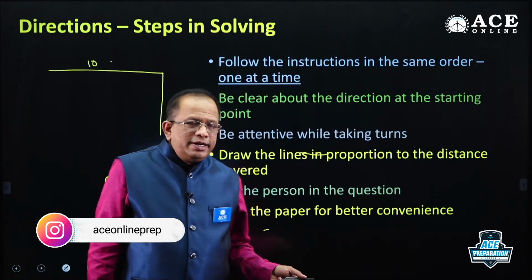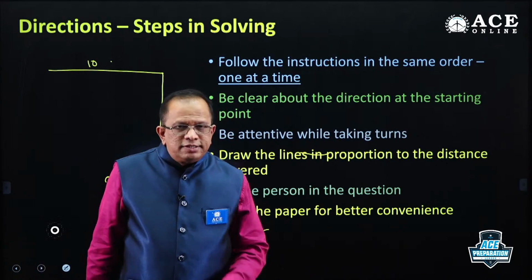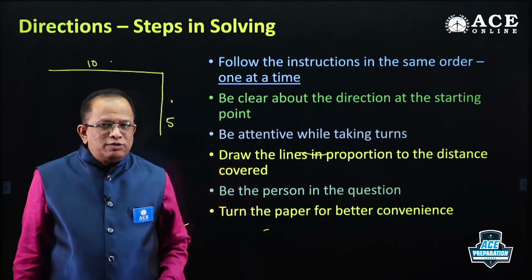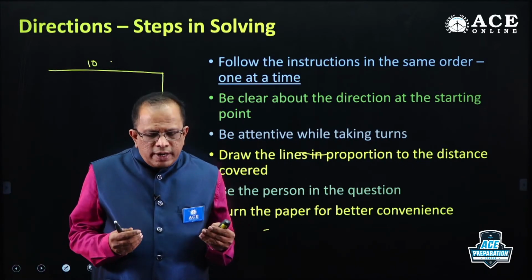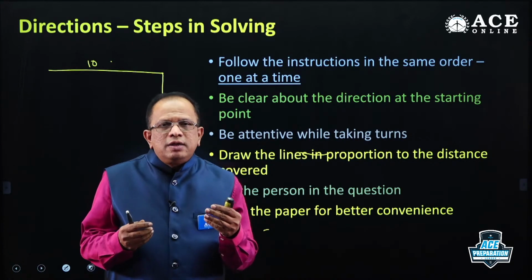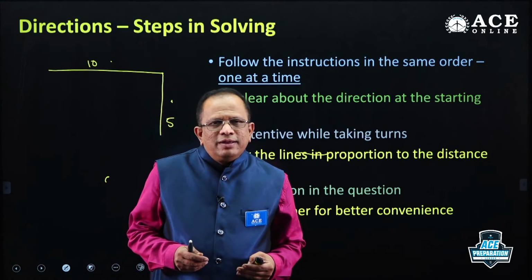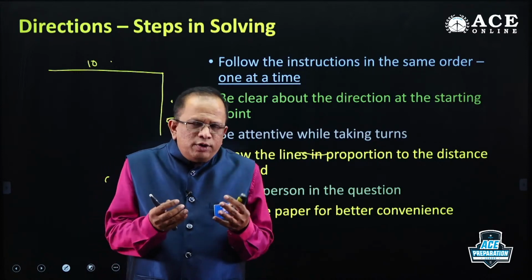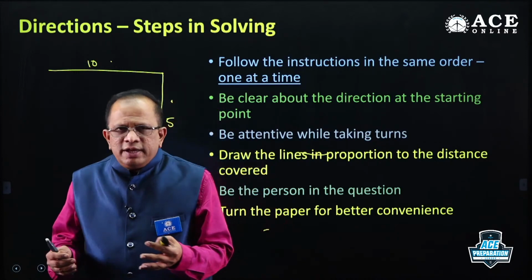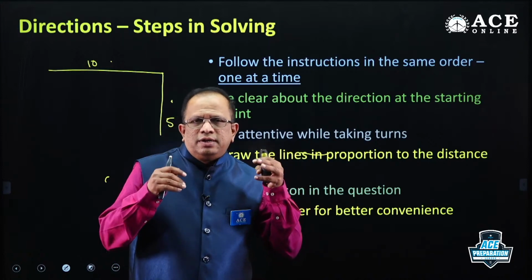Okay. Turn the paper for better convenience. This I will explain when we solve the questions. Right? In the examination hall, can you get up and walk? Like, as I said, someone is moving from east to west. Now, you have to be the person. Can you get up and walk in the examination hall? No, you cannot.